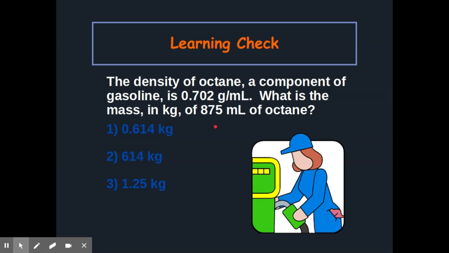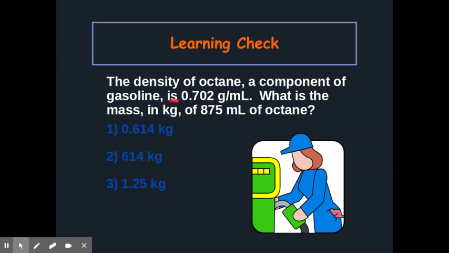This time you're given density and you're asked to find the mass. So remember some algebra, or you can go back and do the triangle shortcut. And if you do, you should have gotten answer number 2.